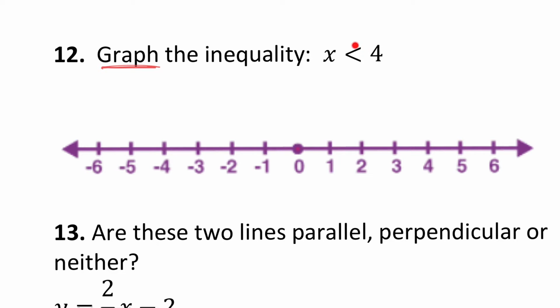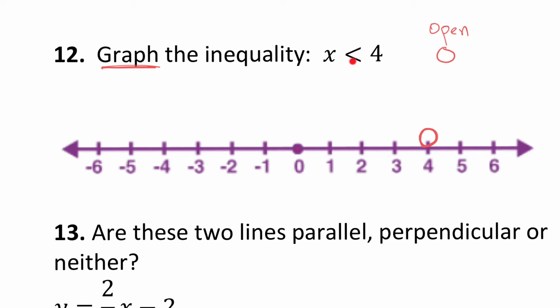When you have less than or greater than, and there's no equal sign underneath the inequality, no "or equal," that means you have an open circle. So I'm going to write that down. An open circle is just a blank circle. It's just an open circle on top of the number. So I'm going to go to the 4, and on top of the 4, I make an open circle.